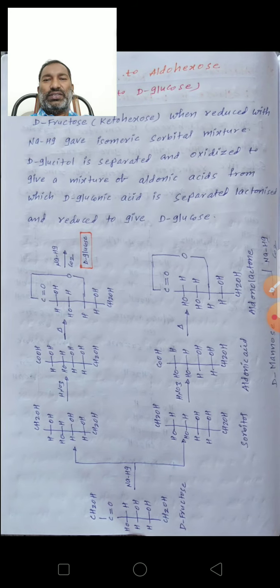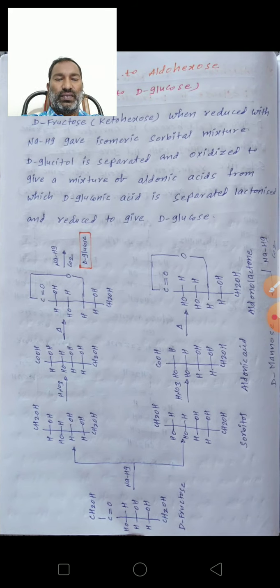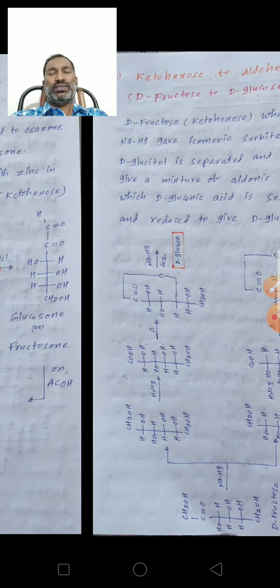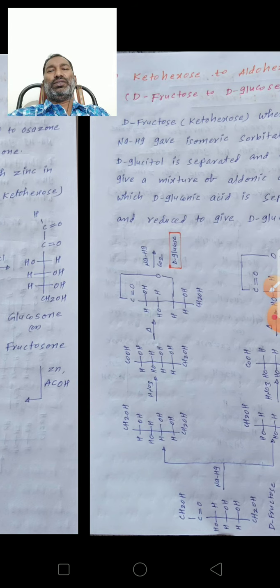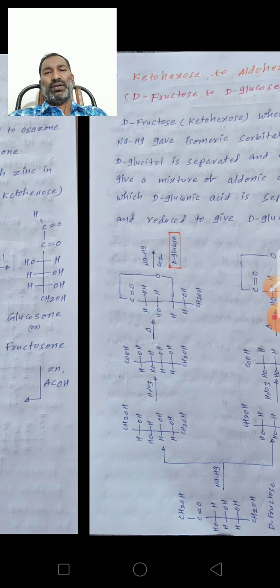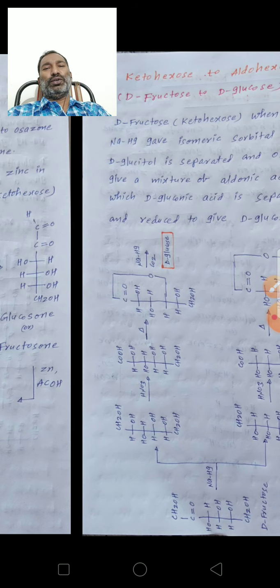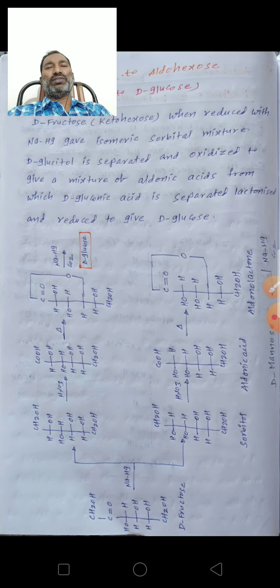See the next, fourth conversion, ketohexose to aldohexose. Here hexose means containing 6 carbon atoms, so ketohexose contains a keto functional group, and aldohexose contains an aldehyde functional group and 6 carbon atoms.